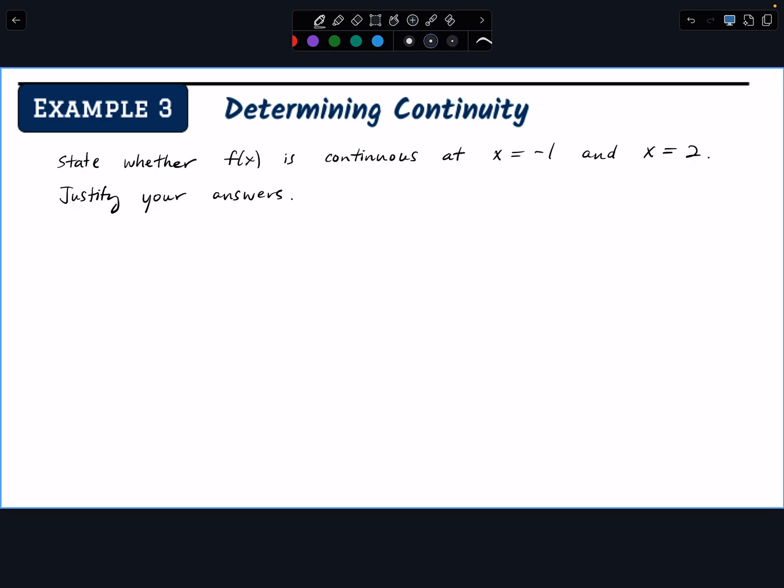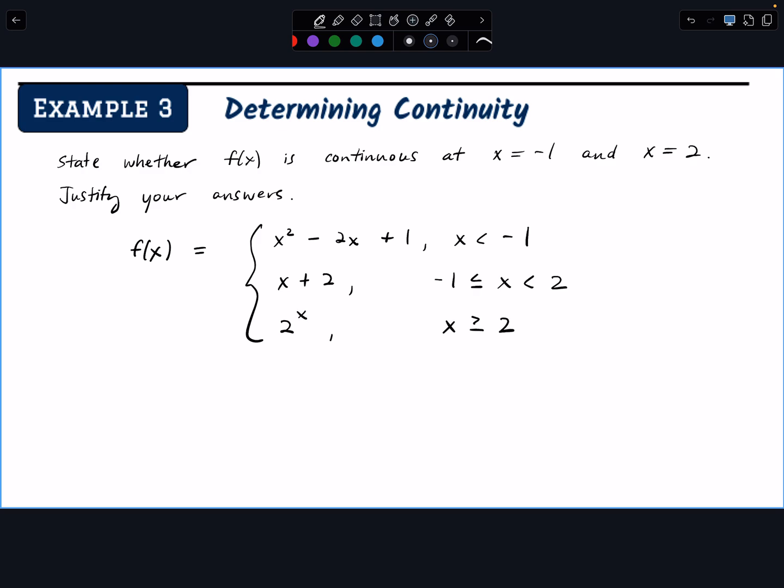Okay. f of x is equal to x squared minus 2x plus 1 when x is less than -1. x plus 2 if -1 is less than or equal to x, which is less than 2. And then 2 to the x when x is greater than or equal to 2.